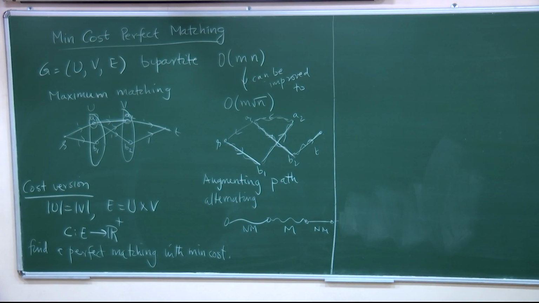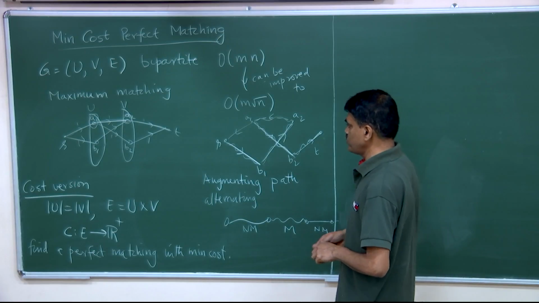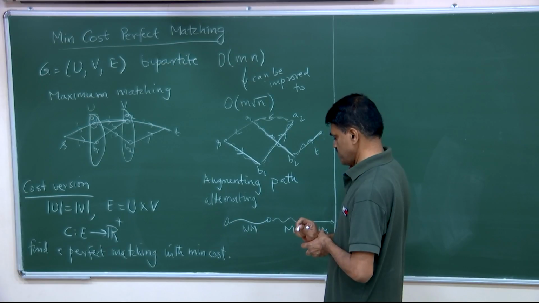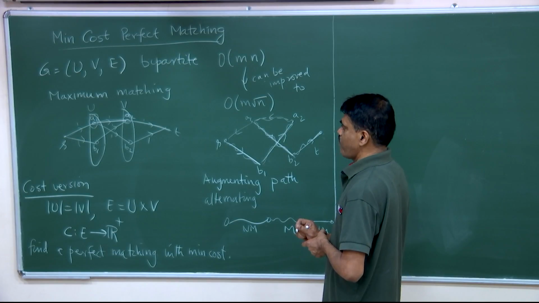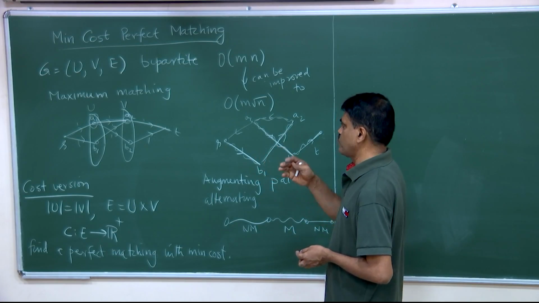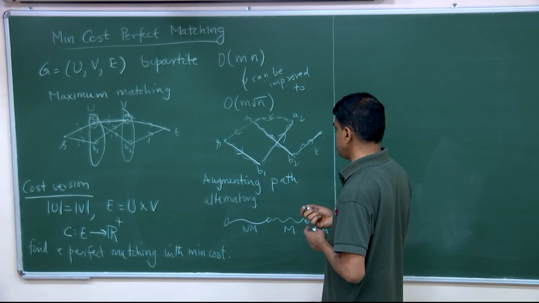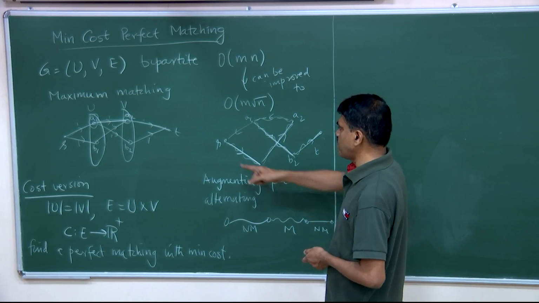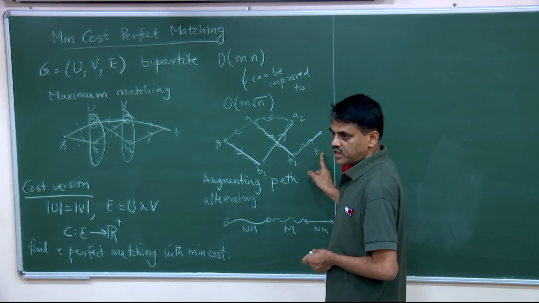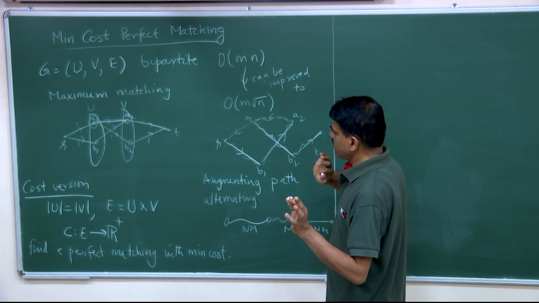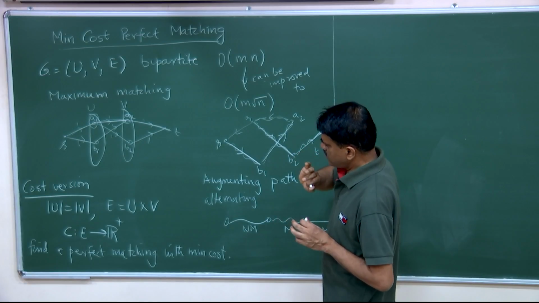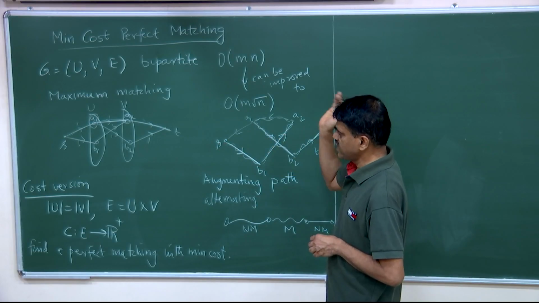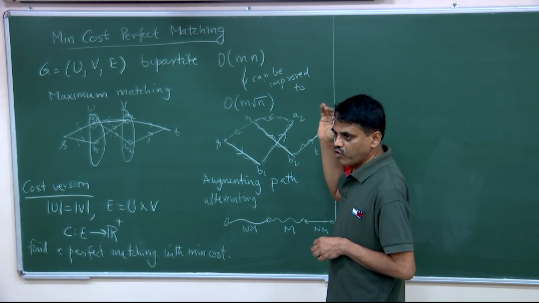So now we want to modify this augmenting path approach to find this min cost perfect matching. The simple intuition which seems to work is that instead of finding some S-T path in the residual network, you can define this residual network for every matching exactly like the way we have it for a flow residual network.